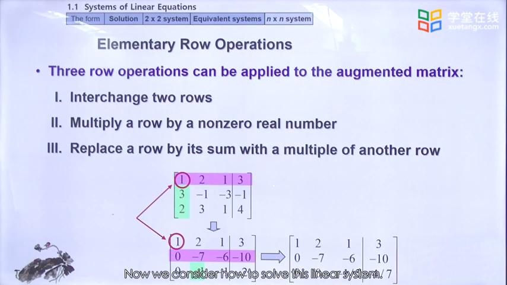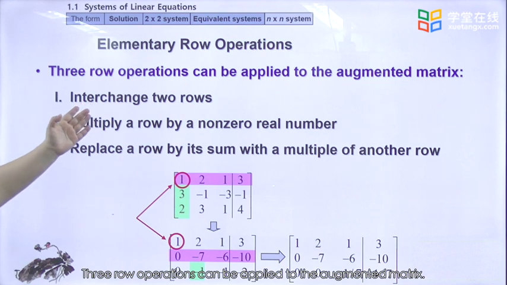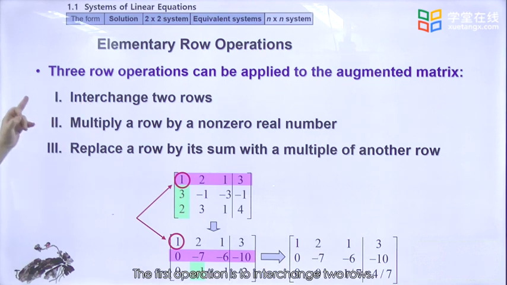Now we consider how to use this augmented matrix to solve the linear system. Here we also use three row operations, which can be applied to the augmented matrix. The first row operation is to interchange two rows.